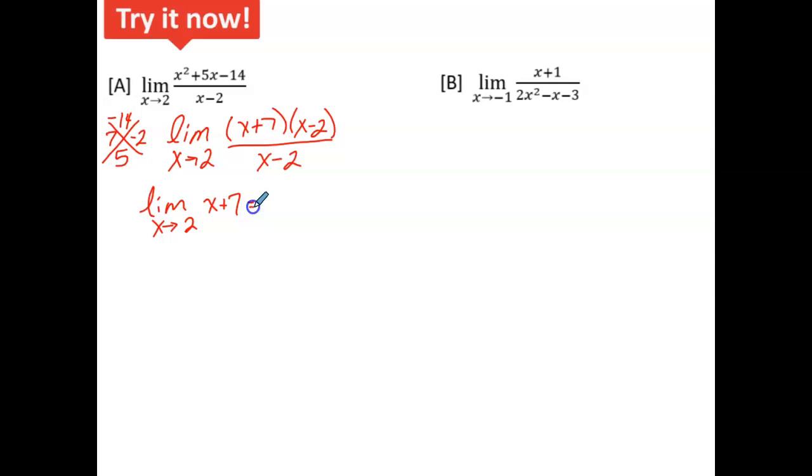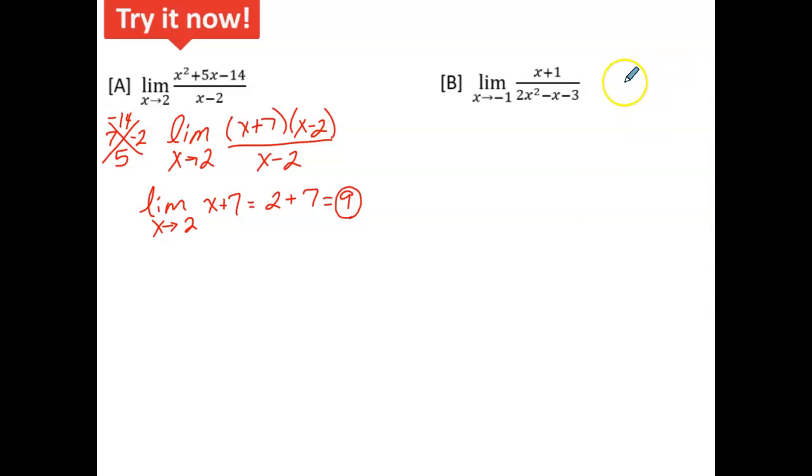That's a linear function on the graph with a hole at 2. To find the limit as we approach that hole, the x is going to get substituted with a 2 in direct substitution, and 2 plus 7 is equal to 9.